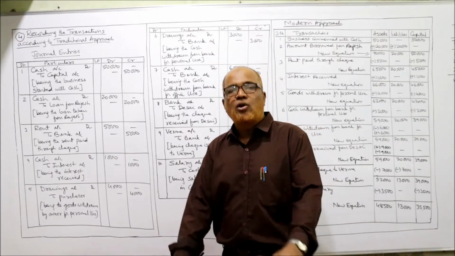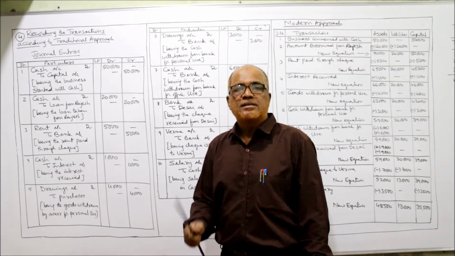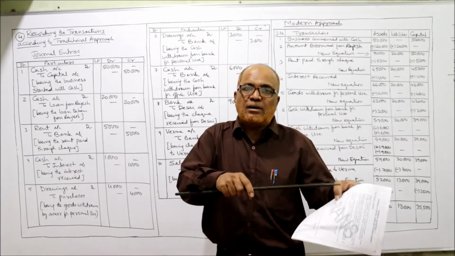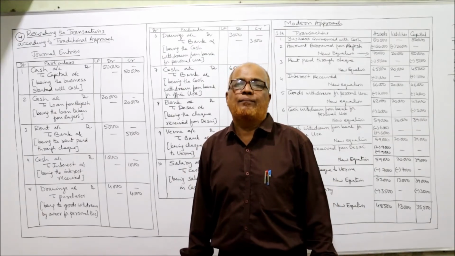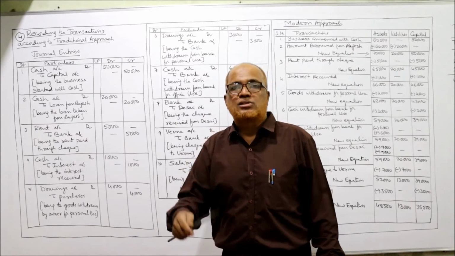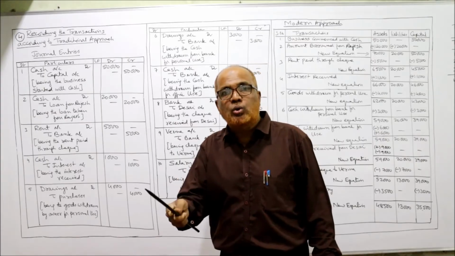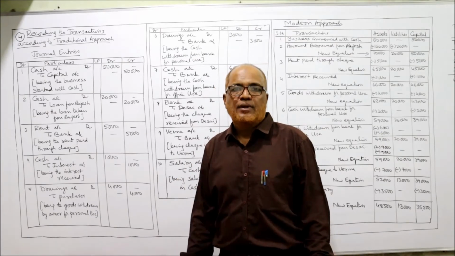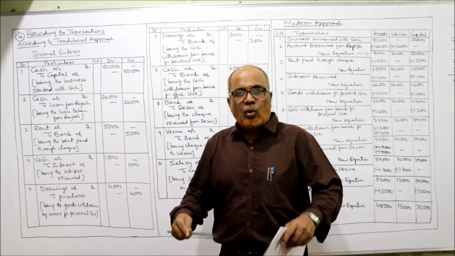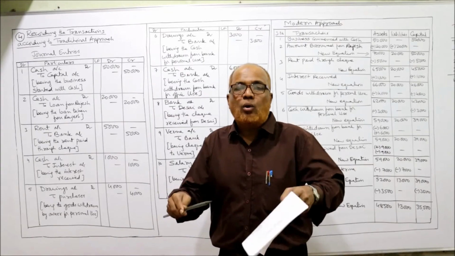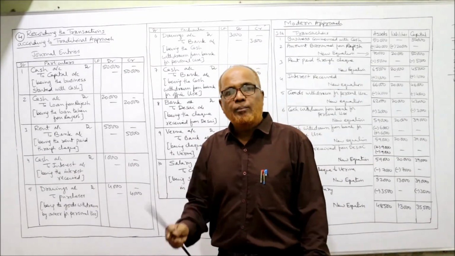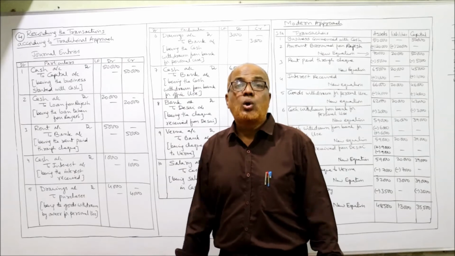Next one: goods withdrawn for personal use. See here, when the owner invests money in the business, it is called capital. When the owner withdraws cash or goods from the business, it is called drawings. The owner may withdraw cash or goods; in both cases, it is called drawings.